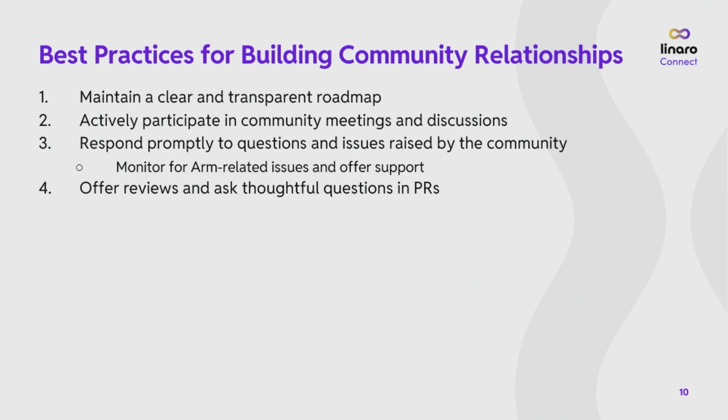So if you give the community a clear and transparent roadmap and plan, they will have confidence to accept. They can see you will have long-term maintenance of the architecture, and they will have confidence to merge your patch and accept the new architecture.